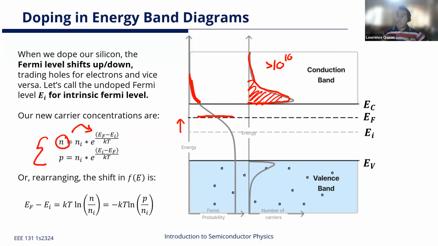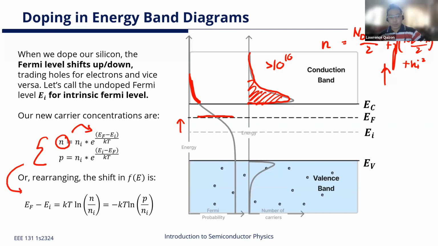Vice versa as well, because we have the earlier equations. We have N equals (ND minus NA) over 2 plus the square root of ((ND minus NA) over 2) squared plus NI squared. This is N. Since we know what N is, we can just rearrange this equation to find the amount of shift in the Fermi energy level.